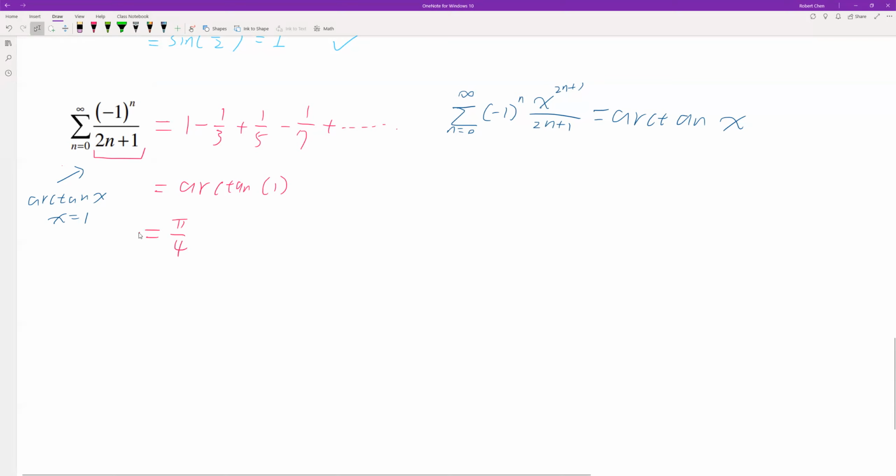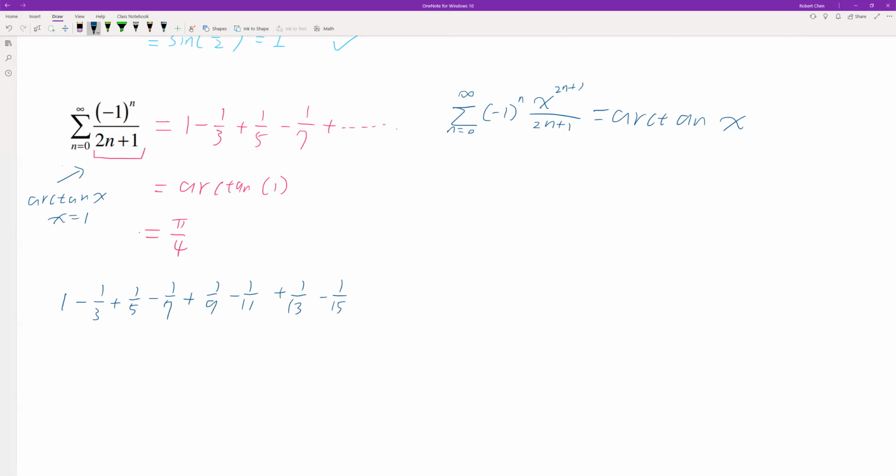So now things are getting very interesting, okay? We are adding up a bunch of numbers and subtracting a bunch of numbers, and it's equal to pi over 4. So let's write out this equation. And I'm going to write out a few more terms. So 1 minus 1/3 plus 1/5 minus 1/7 plus 1/9 minus 1 over 11 plus 1 over 13 minus 1 over 15.